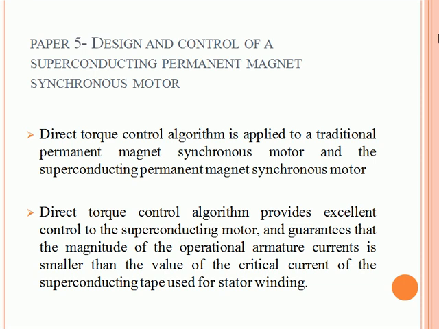Direct control algorithm is like they prepare some equations based on the direct control method. They use those equations to get the torque and torque characteristics. Based on those equations, they choose the material that we use in the stator windings.